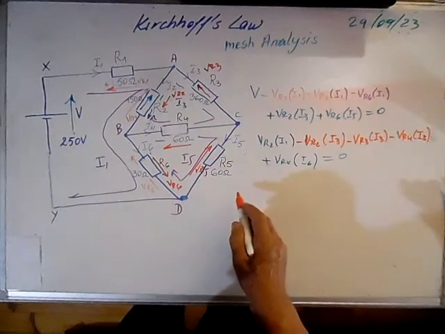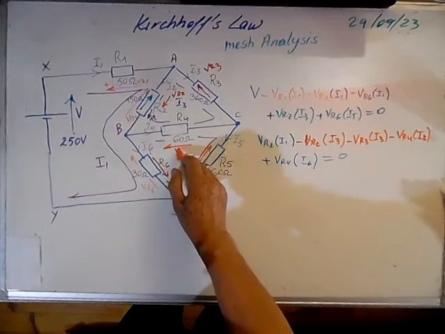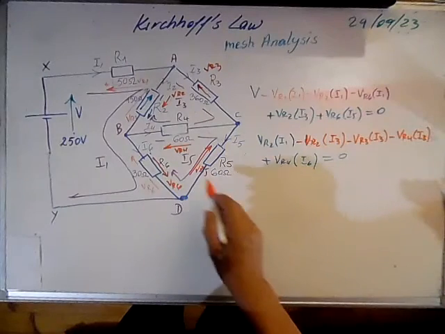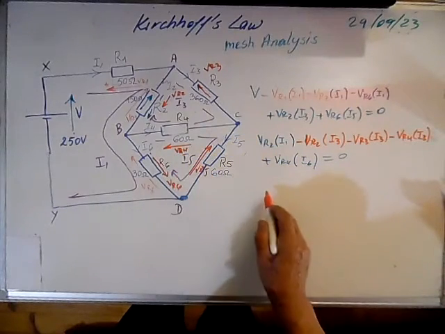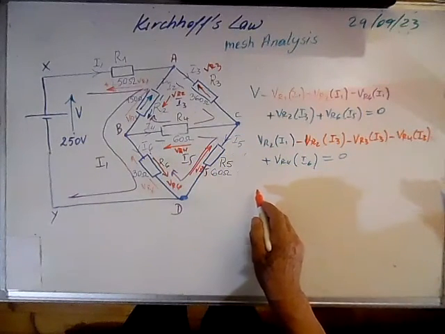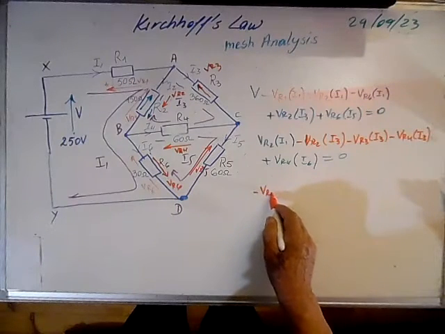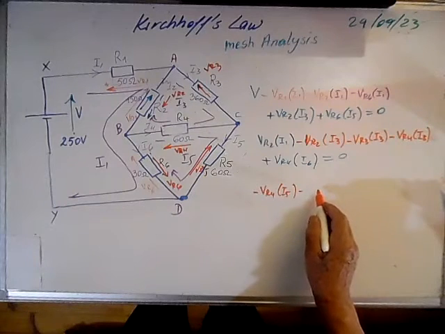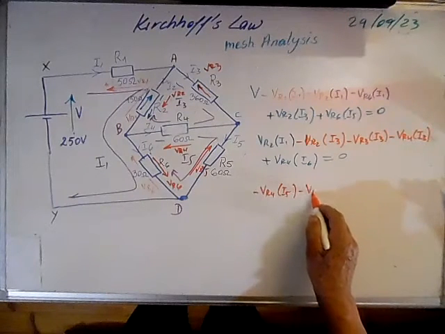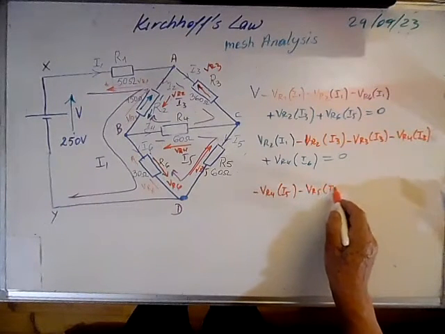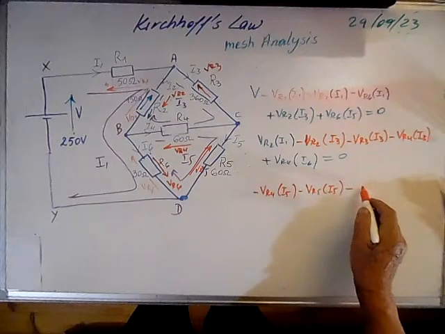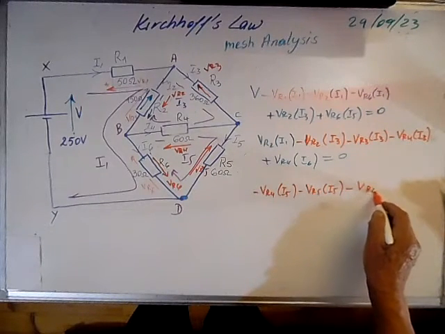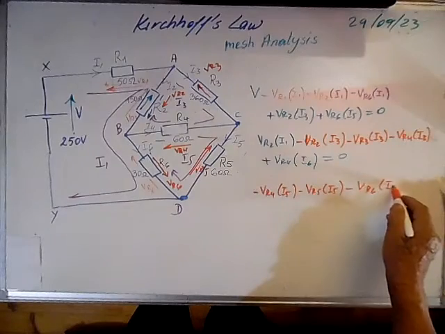So we can write minus VR4 due to I5, minus VR5 due to I5, minus VR6 due to I5.